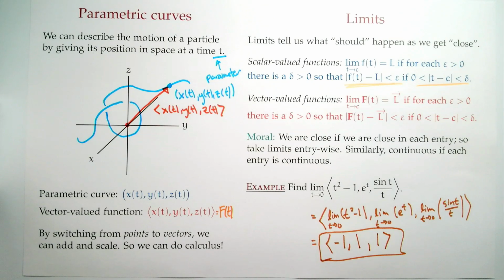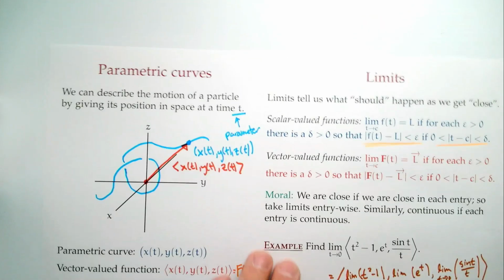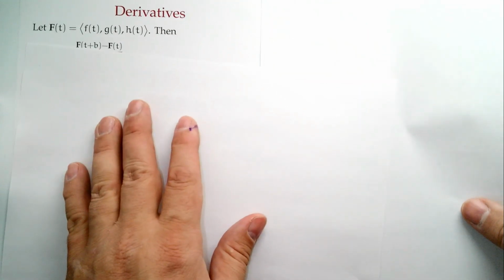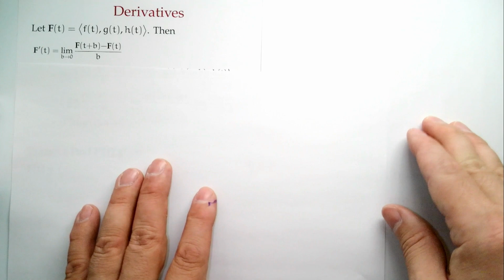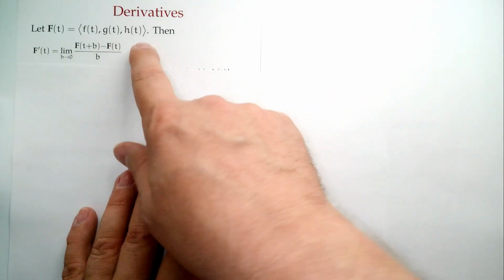So that's good. Well, what about derivatives? How do we do that? All right. Well, the answer should not surprise you. So here we go. If I want to take a derivative of a vector valued function, I'm doing 3 dimensions.